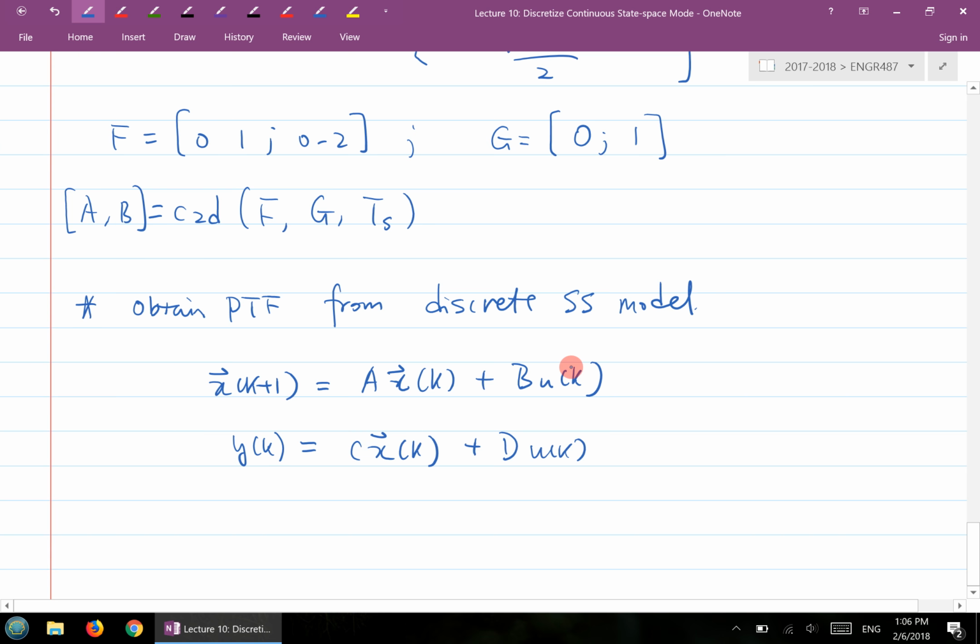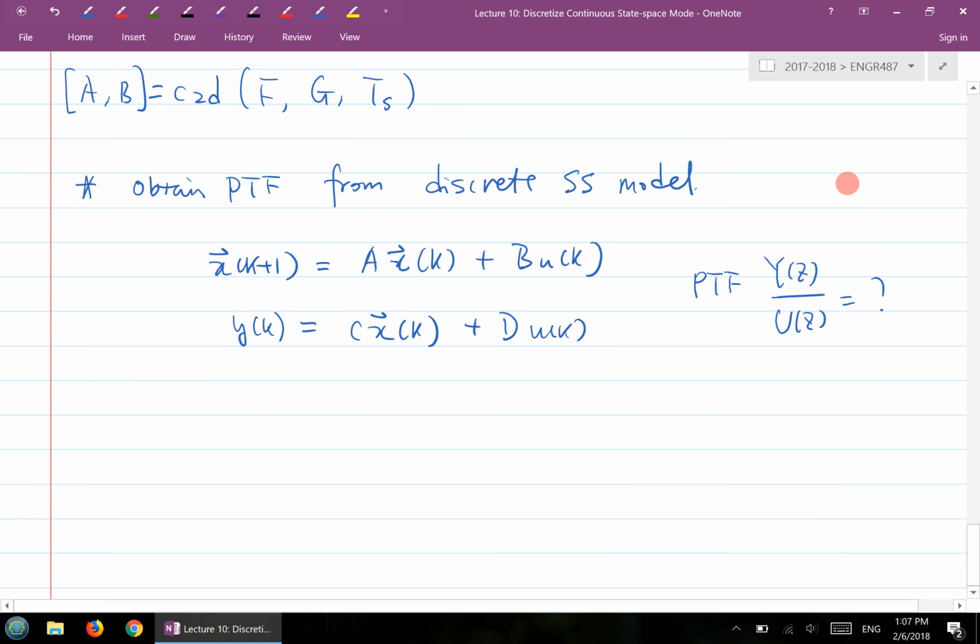Okay, so here's a discrete state space model, and what we want is a pulse transfer function, PTF. And PTF describes the relationship between output and input. So here's your output, here's your input, right? And we're looking for an expression for the pulse transfer function.